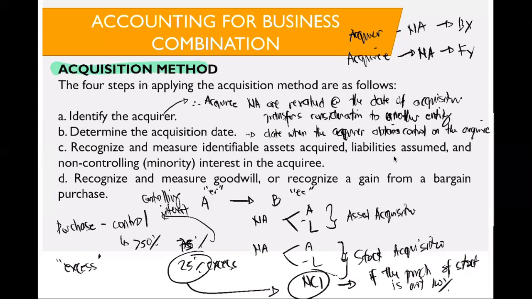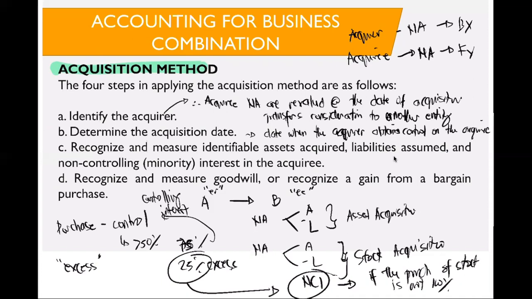Okay? So take note in your recognition and measurement, what do we recognize? And what do we measure? We recognize the assets and liabilities, including non-controlling interest of the acquiree. When is there non-controlling interest? Only during stock acquisition. If that is an asset acquisition, we do not have non-controlling interest. Okay?